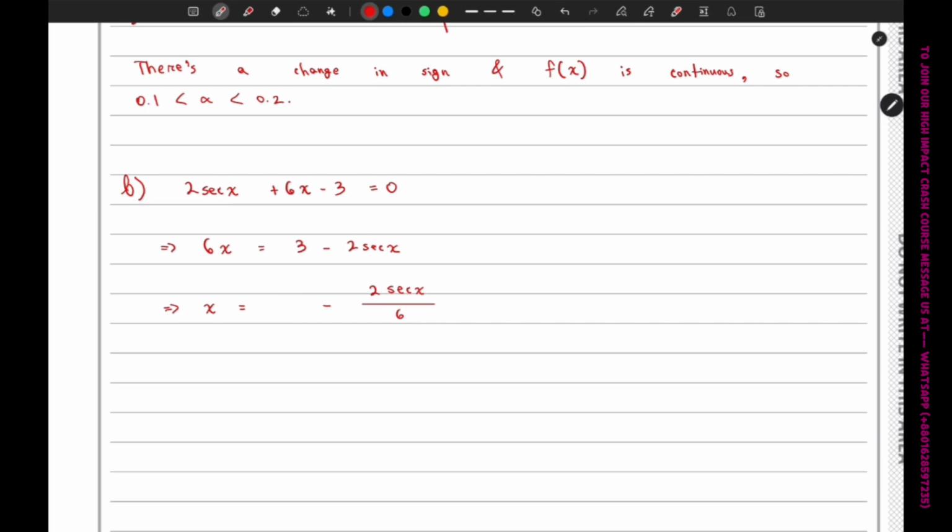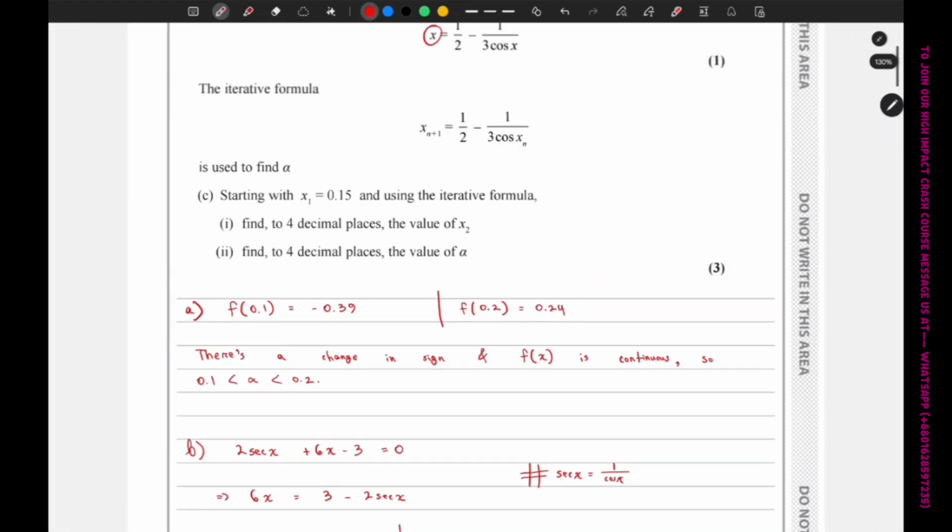So 3/6 gives us 1/2, and 2/6 gives us 1/3. Now you can write sec x as 1/cos x. This is a trigonometric identity. You need to memorize this. So this can be written as x = 1/2 - (1/3) cos x. So that is the answer for this part.